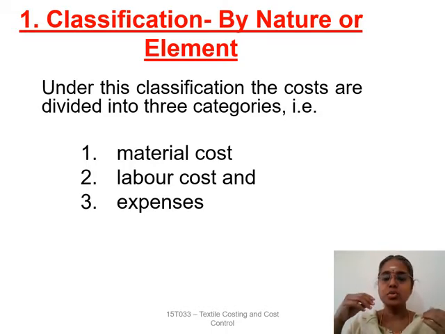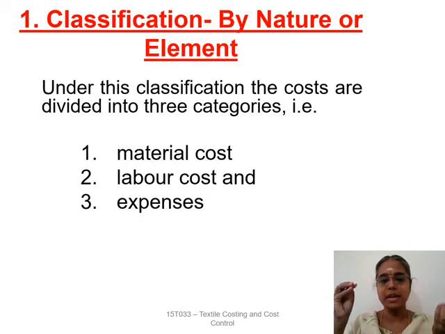Next, when you come to a weaving industry, then the raw material cost or material cost, I'm not saying raw material alone, because there may be other additional materials also, for producing a product, like lubricating oil, some other materials you buy, which may not be found in the product at the end.